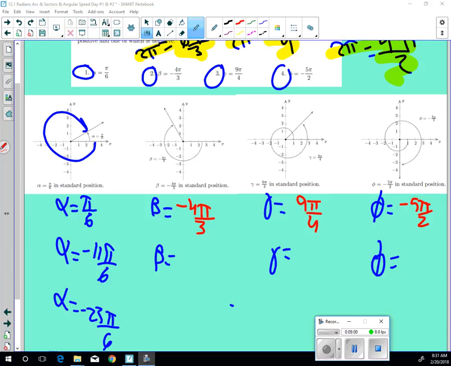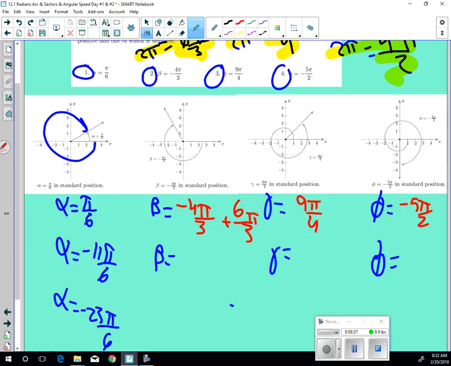Tell me, what did you get, Masha, for this one, the positive one? Just add 2 pi, right? Just like 360. So if you add 2 pi, how many pi over 3's is that? How many pi over 3's is 2 pi? 6, right? That's 2 pi.